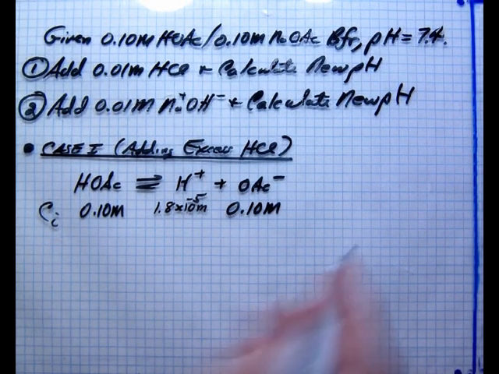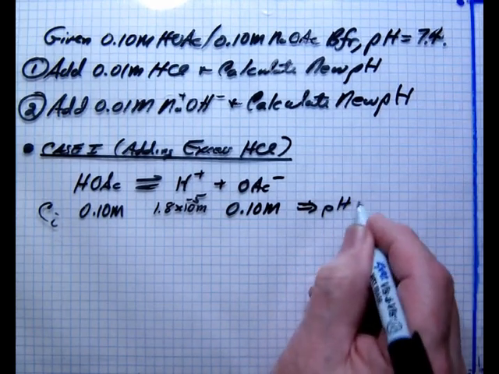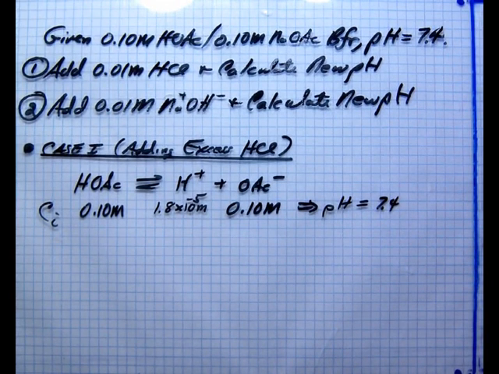So there we have, and this is going to provide a pH equals 7.4, like that. So here comes the excess acid.